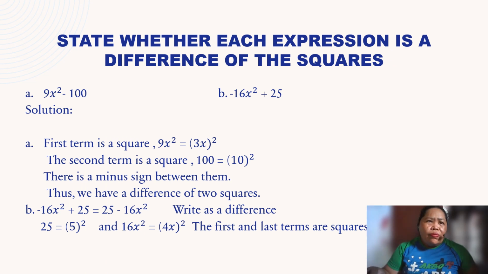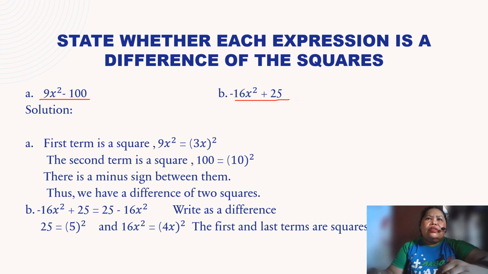Okay, let us now state each expression as a difference of squares. We have 9x squared minus 100, and we have negative 16x squared plus 25.